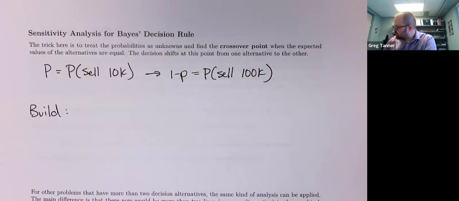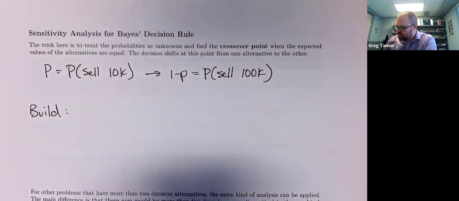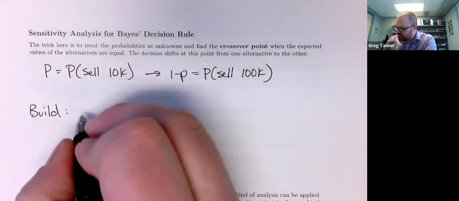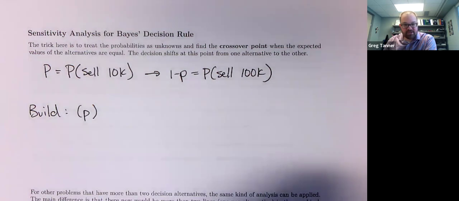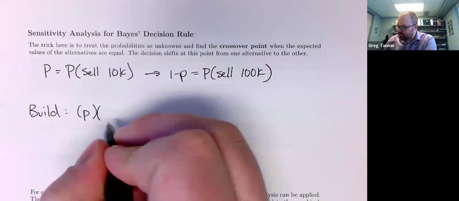In this case, the expected value of selling 10,000 is P, and we multiply that by the value.